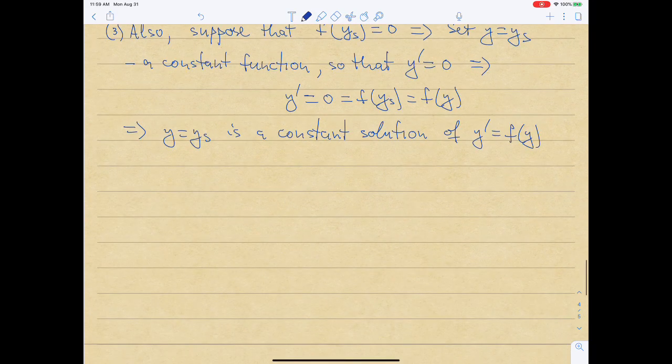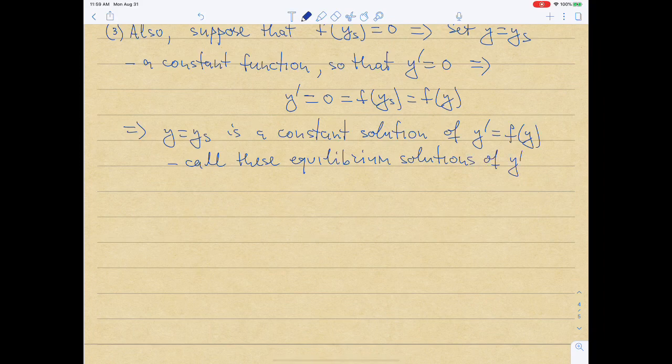And we're going to call such solutions equilibrium solutions of my equation y prime equal to f of y.